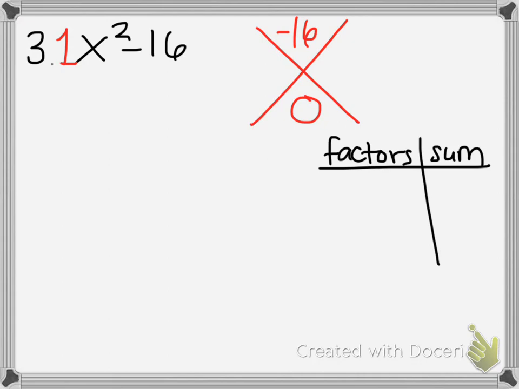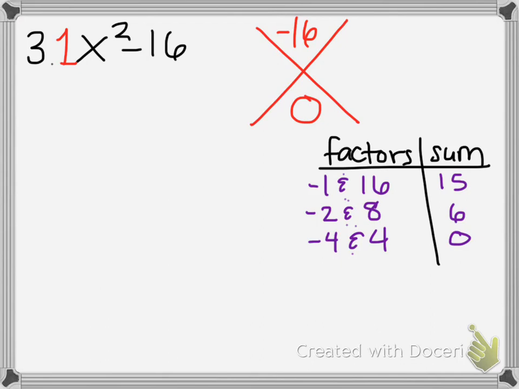So most people start with 1, so negative 1, positive 16, multiplies together to give me negative 16, but combines to a 15. So not helpful. Negative 2, positive 8, still multiplies to negative 16, but combines to a positive 6. Not helpful. I could do negative 4 and positive 4, and oh, that's helpful, gives me 0.